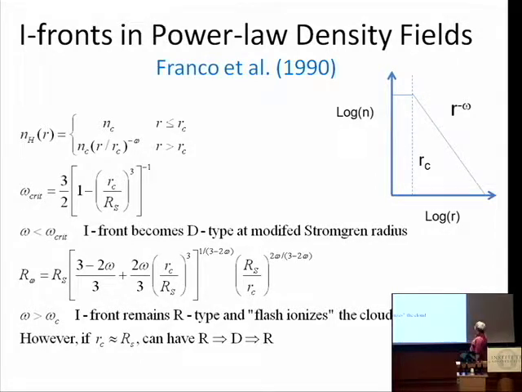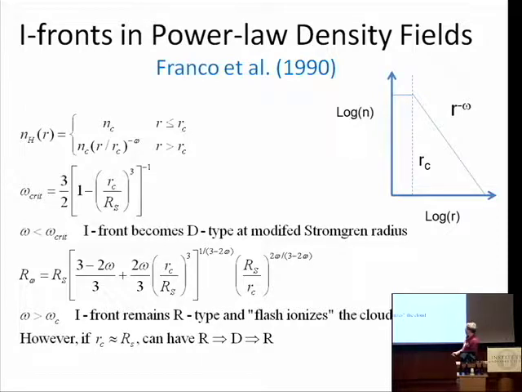R to the minus 3/2 is a critical case. If the slope is less than that, you still get a finite Stromgren radius established. It'll just sit out here somewhere. And here's a formula for the modified Stromgren radius.